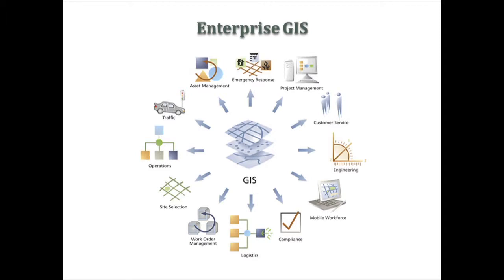Mobile: you can take anything that you see on your desktop out in the field with you, whether that's collecting data on the locations of your assets, or just pulling that information up while you're out in the field. Logistics, work order management, code compliance, all sorts of things that you can do. Work order management's a particularly interesting one.